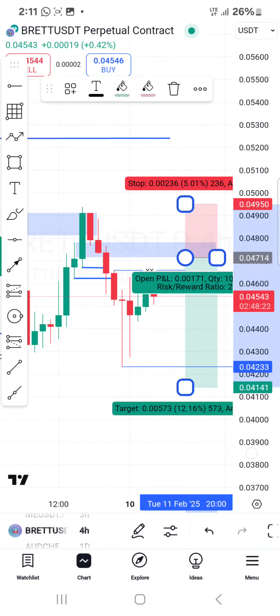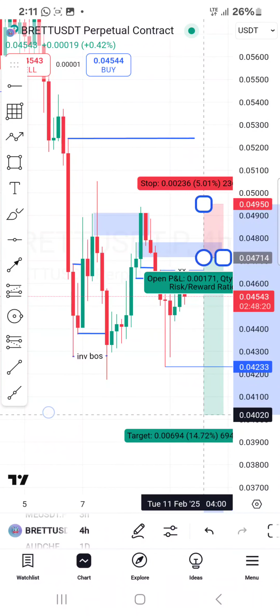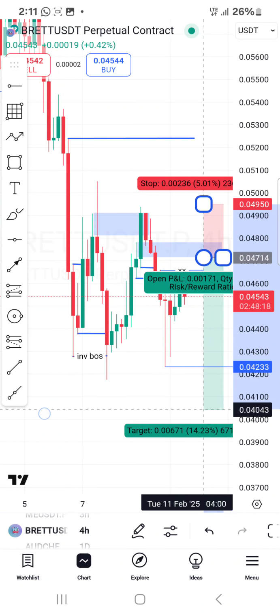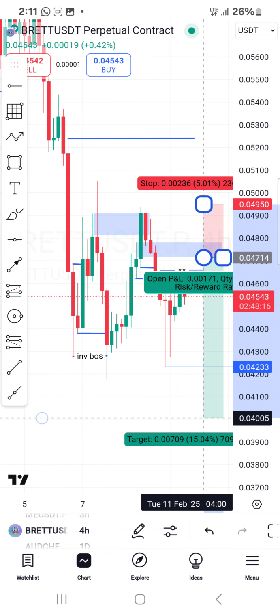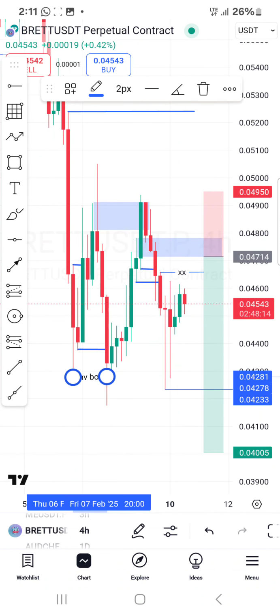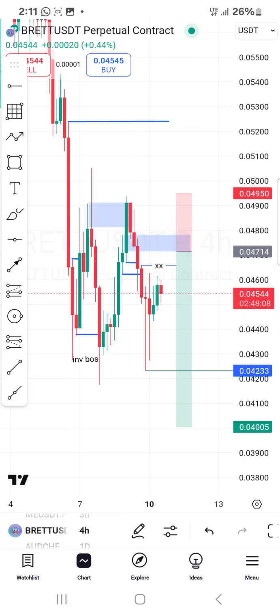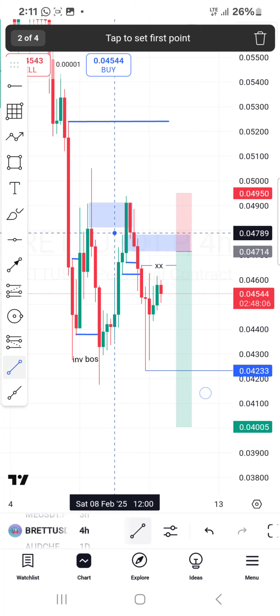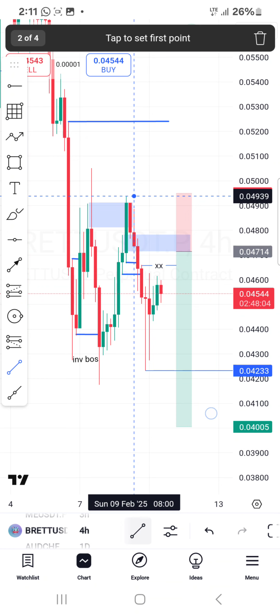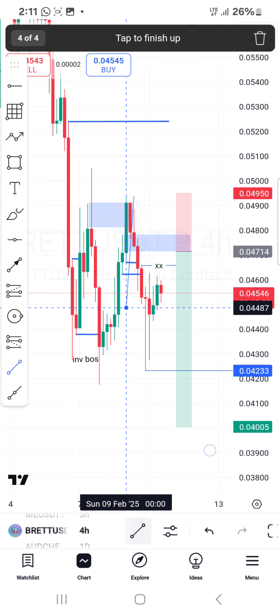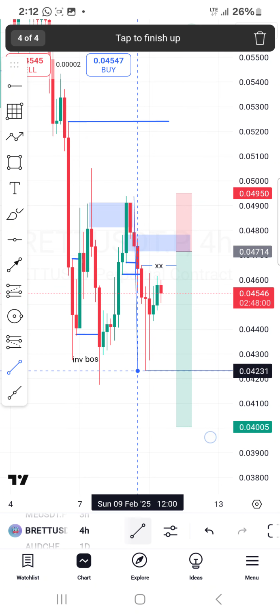We'll look for at least 1:3. But let me give you a hint here. This is how we know where the market is going to reverse from. You take your trend line tool, draw from the high down to the previous low.